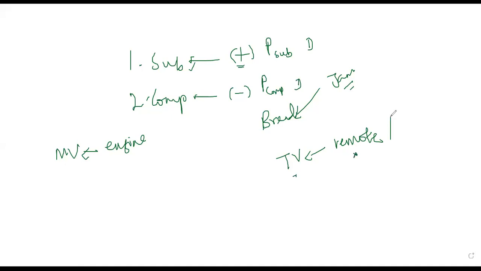If the price of remote increases, demand for TV will decrease. Now just imagine, if the price of spare parts increases, demand for certain brands of motor vehicles will decrease. Is it okay for y'all? Therefore, for complements, negative relationship between price of a complement and demand of a product. Any doubts you all have?